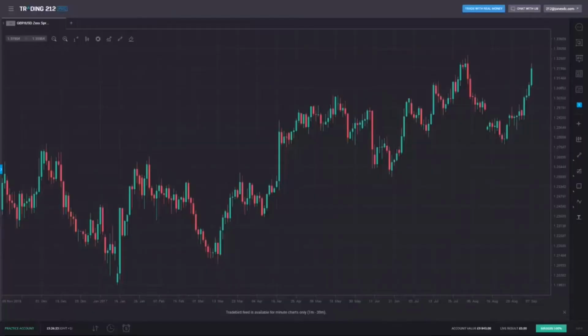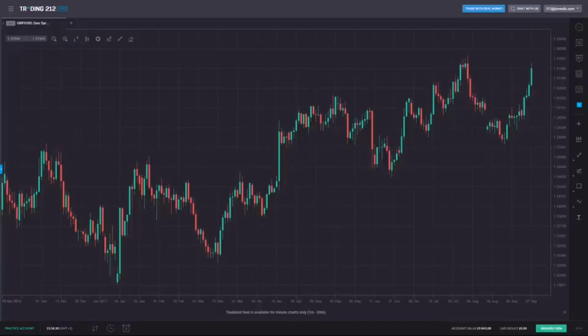So when we're looking at currencies and currency pairs, it's all about relative value. Is one currency stronger or weaker than another currency? And to get an idea of this, let's take a look at how one currency pair has moved over recent months. All a currency pair is showing is the relative value of one currency versus another.